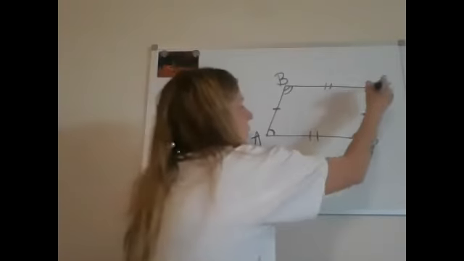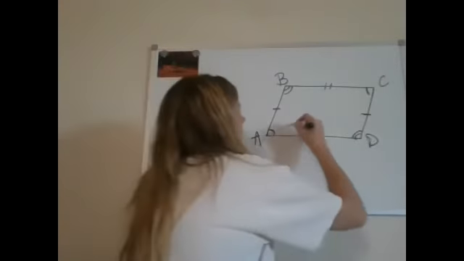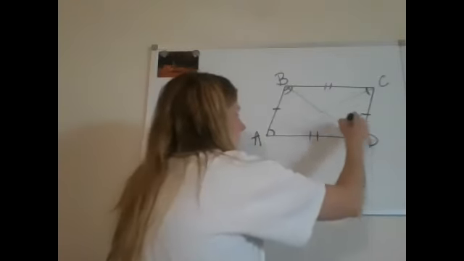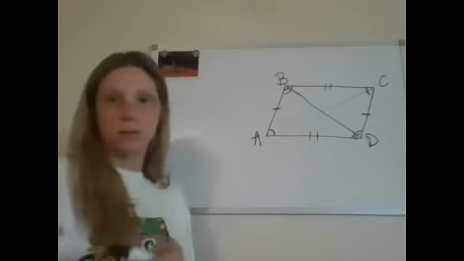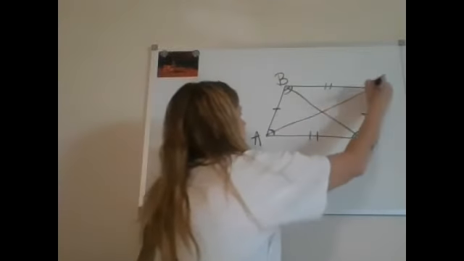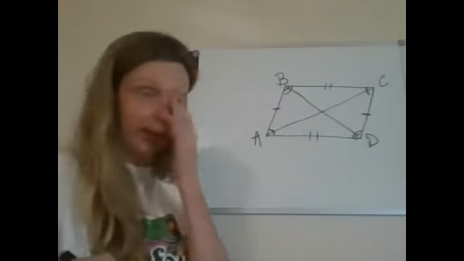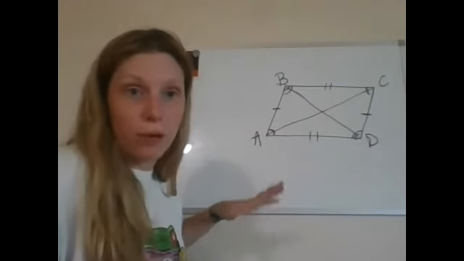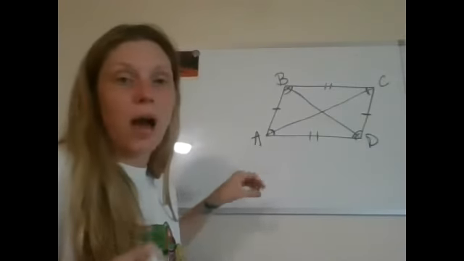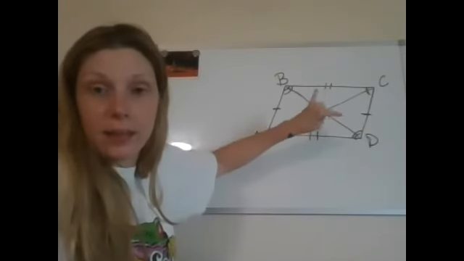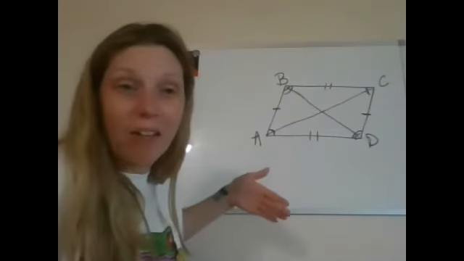And I'm going to put in our diagonals. Okay? Oops, you can't see this one very well. There we go. A little wiggly, that's okay. So you have both of your diagonals up here. Remember, the diagonal connects opposite vertices. It cuts the opposite diagonal in half.